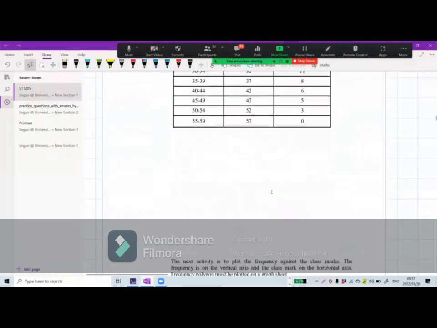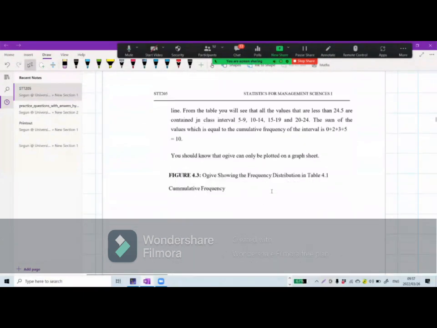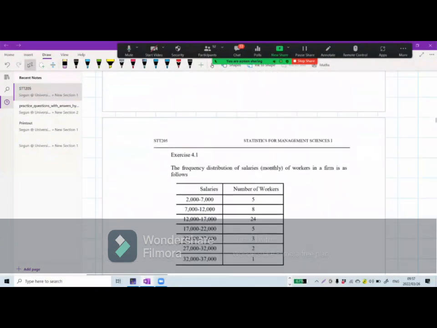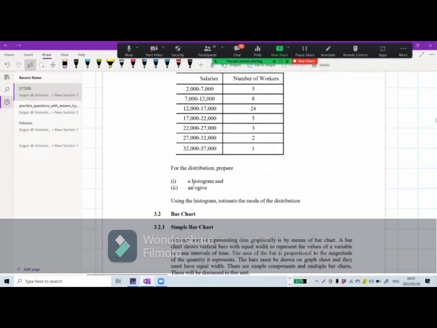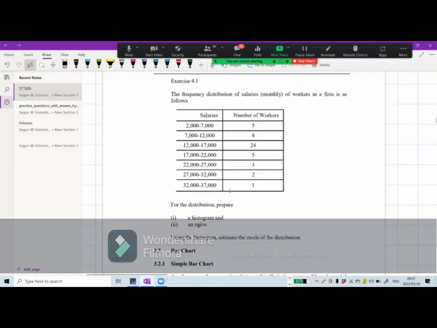As a matter of fact, they are talking about pie chart. You can see the question they asked you to do: histogram or graph. Can you see it now? Okay, now I can see it very well.